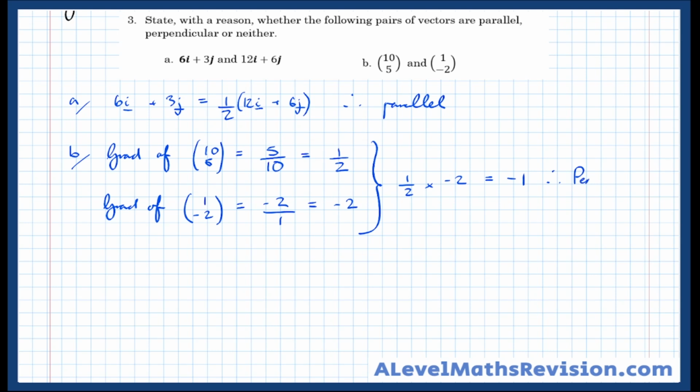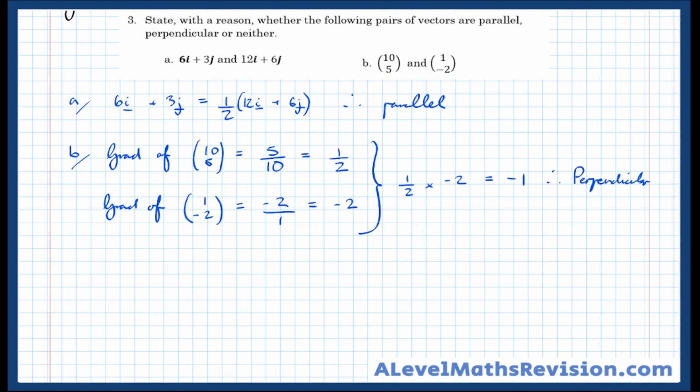Therefore, they are perpendicular. And if neither were the case, you'd simply state that. So in the case where neither of those calculations work out, you would just state they're not a multiple of each other. The gradients don't multiply together to get -1, therefore they're neither parallel nor perpendicular.